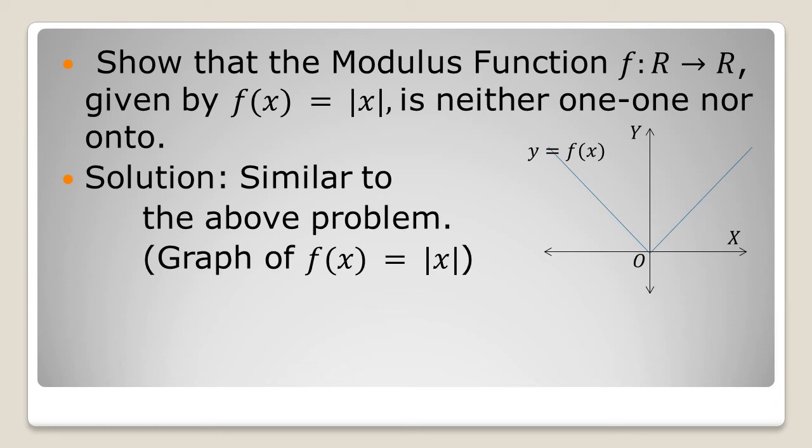Therefore, it will not be a 1-1 function. As the entire graph is above the x-axis, this shows that the range of this function is the set of all non-negative real numbers, while the codomain of this function is the set of all real numbers. Since the range is not equal to the codomain, it is not an onto function.